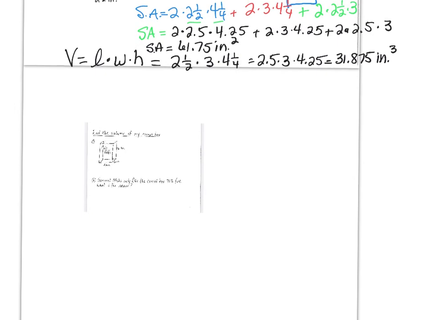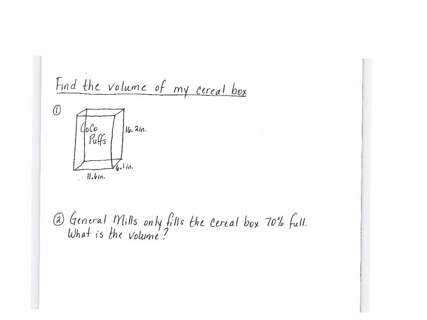Okay, last problem. It says find the volume of my cereal box. I love Cocoa Puffs. So it's saying find the volume. Do we have the length, the width, and the height? We sure do. So I'm just going to call this the length, this one the width, and this one the height. So the volume equals length times width times height.